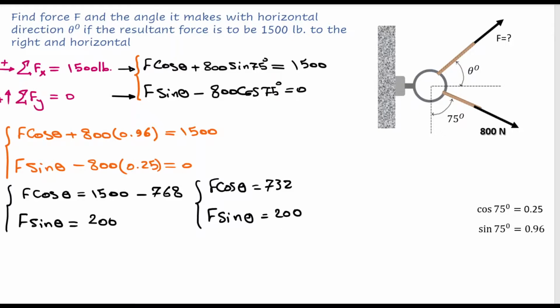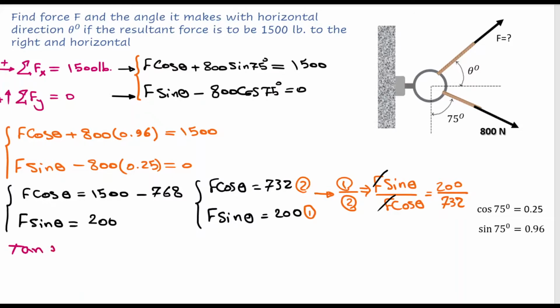If I label these equations, equation number 1 and equation number 2, if I divide number 2 by number 1, I will have F sine theta divided by F cosine theta equals to 200 over 732. So definitely I can cancel out F and F, and you know that sine theta over cosine theta is actually tangent theta.